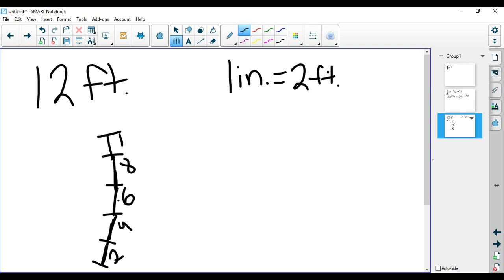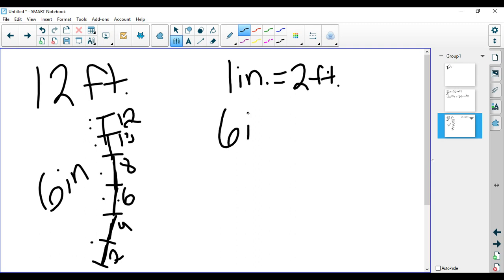So if I add 2 more inches, I would get my 12 feet. So if I look here, I drew 1, 2, 3, 4, 5, 6. I drew 6 inches. So that means that if I'm going to draw 6 inches, that's equal to 12 feet.